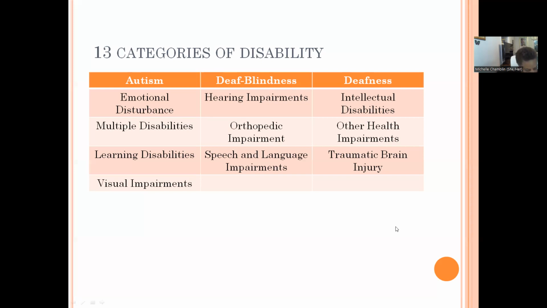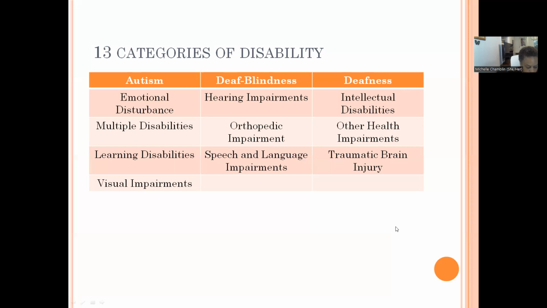Number 2: an impairment in the loss of vision that, even when corrected, affects educational performance. It may be mild to moderate to severe in nature.